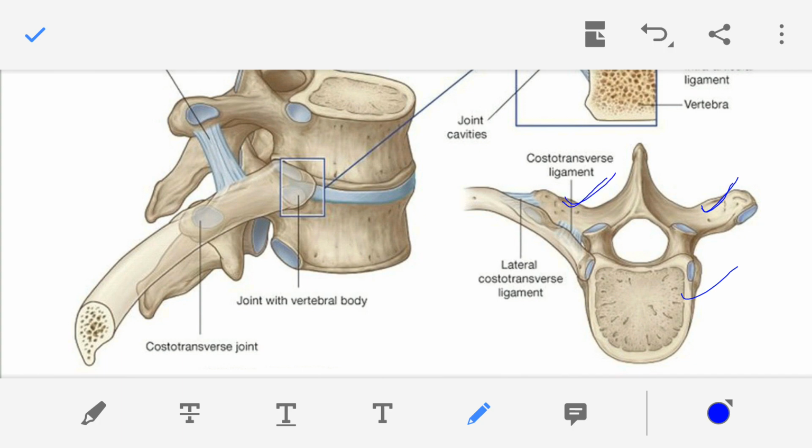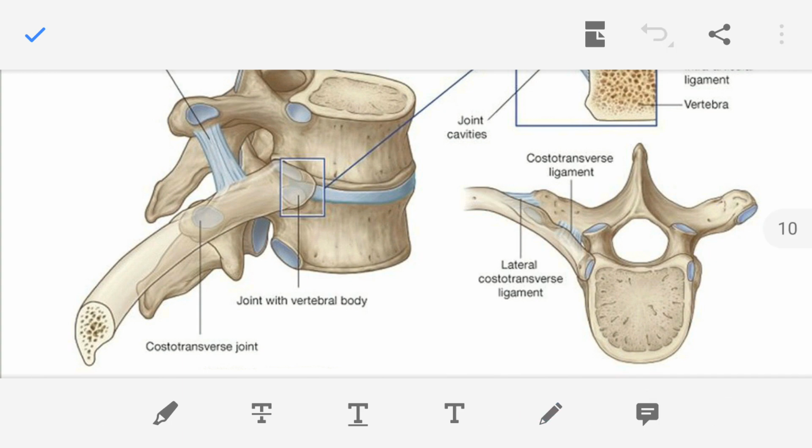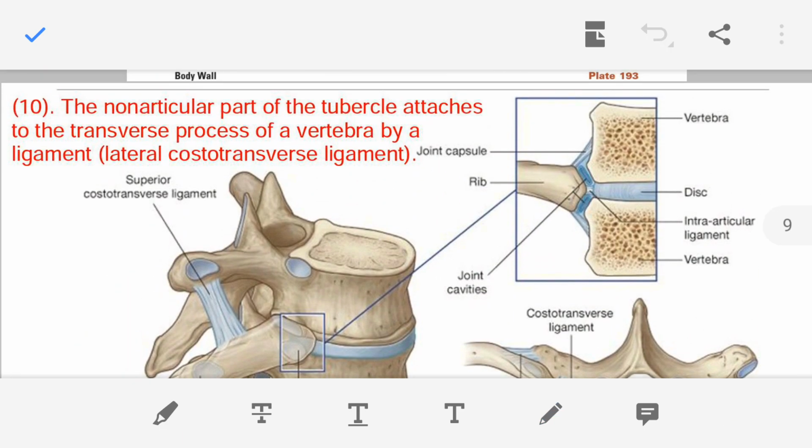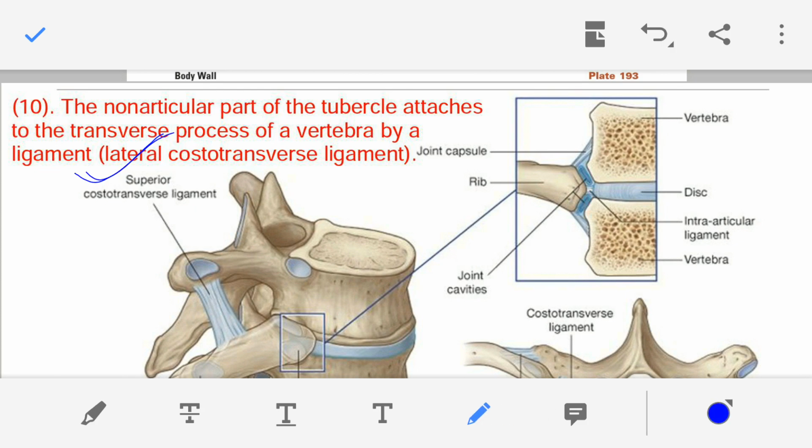This part of the tubercle is the non-articular part, and it is joining with the transverse process with the help of these ligaments, and this ligament is known as the lateral costotransverse ligament. Okay, so this is the meaning of the 10th point.